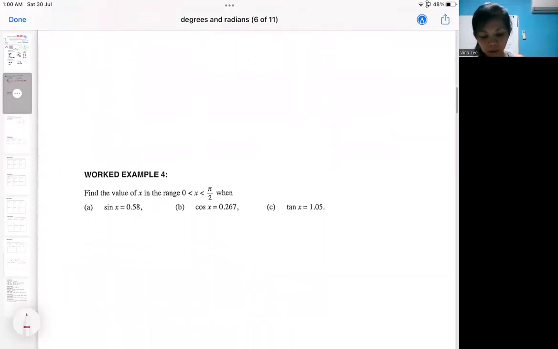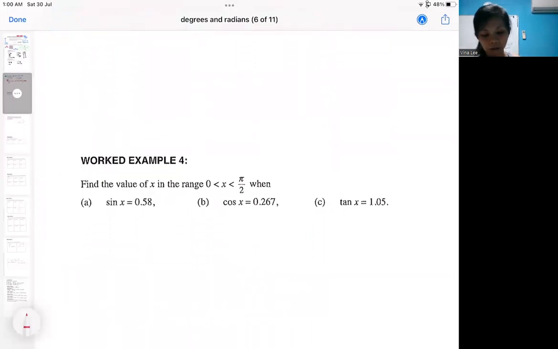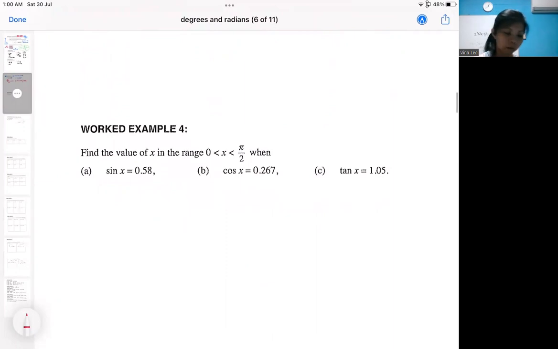It is the same thing here. You are finding the angles in radian, so you've got to be in radian mode before you punch the inverse. So go and punch the inverse. The answer that you get is in radian because your calculator is in radian.